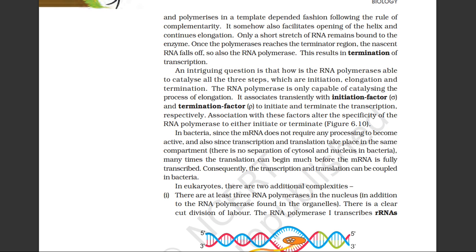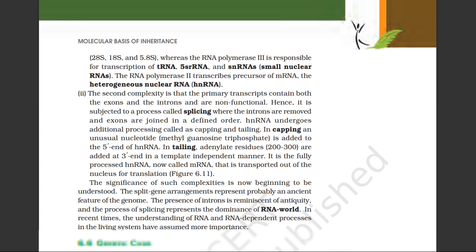In eukaryotes, there are two additional complexities. 1. There are at least three RNA polymerases in the nucleus, in addition to the RNA polymerase found in the organelles. There is a clear-cut division of labor. The RNA polymerase I transcribes rRNAs, 28S, 18S and 5.8S, whereas the RNA polymerase III is responsible for transcription of tRNA, 5S rRNA, and snRNAs, small nuclear RNAs.